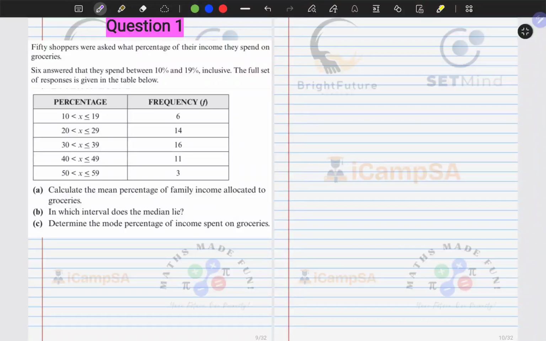So the first one says, calculate the mean percentage of family income allocated to groceries. So if you look at A, what they are looking for is the mean. And remember that what we are working with here is grouped data. Okay.